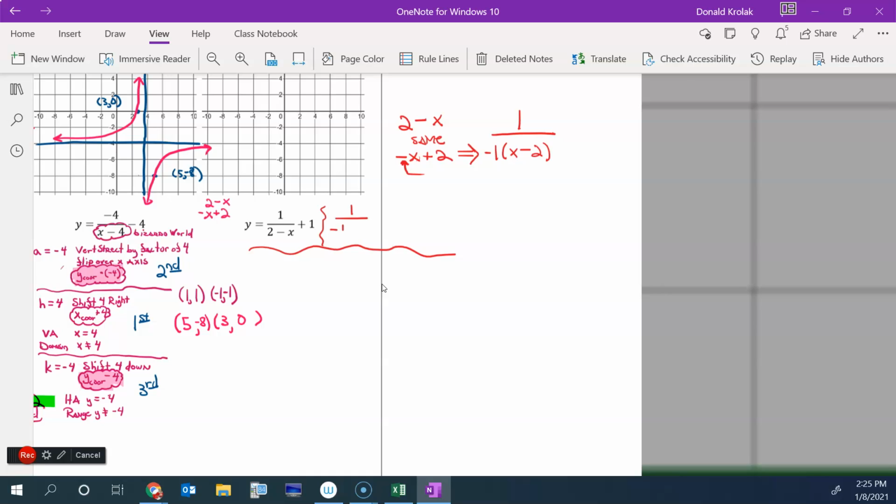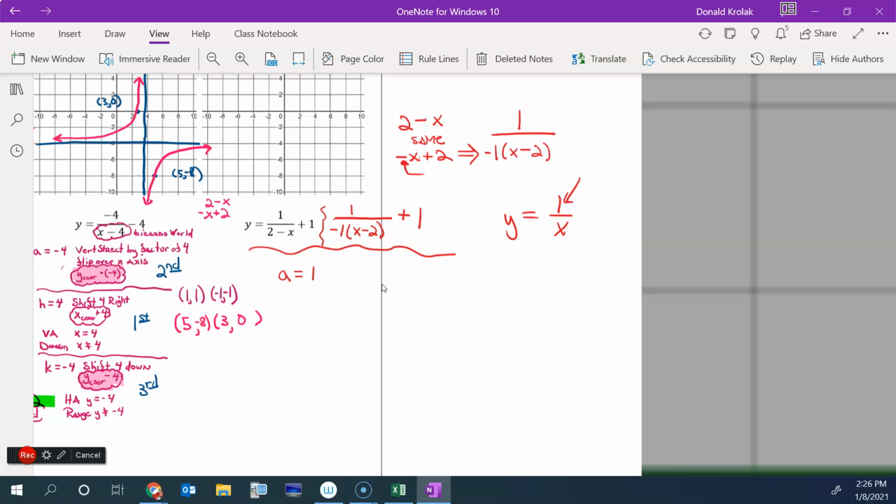So this is going to be -x, and then I've got x minus 2, and then I got plus 1. All right, so what's happening in this equation is my a value is 1, so that has no effect, because that's what the original mother function is. The mother function is the a value is 1.